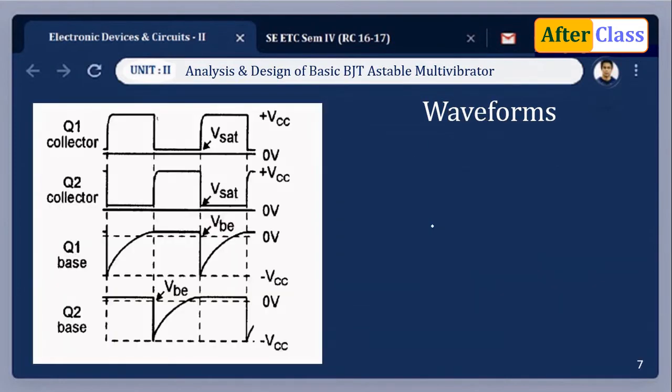Now these are the waveforms obtained across the two transistor outputs. So when transistor Q2 is off, we'll mark this as T equals 0, where subscript 2 stands for transistor 2, and subscript 1 stands for transistor 1.